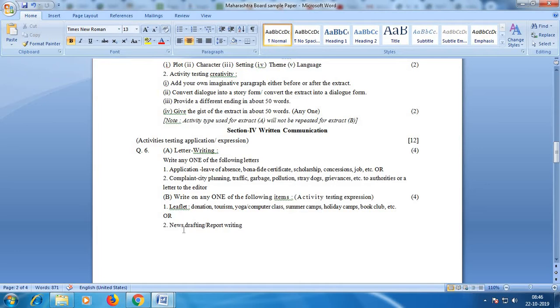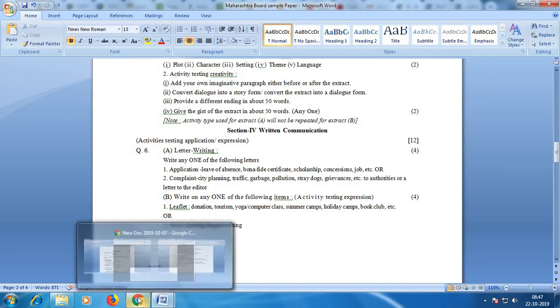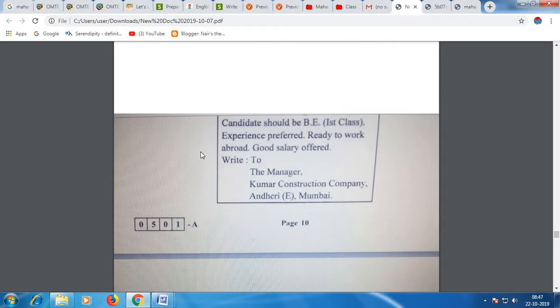And then you can have leaflet, news drafting, report writing, that will also be of 4 marks. Let me show you how it is. See this, this is a letter and some details are given to us, as you can see, and whom to write to is also given. Candidate should be BE.